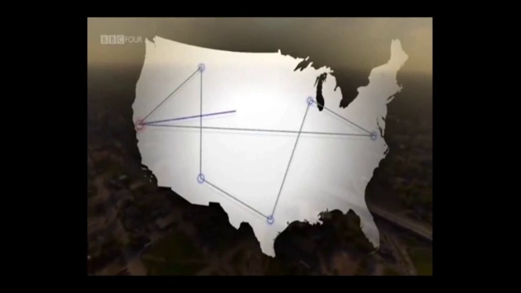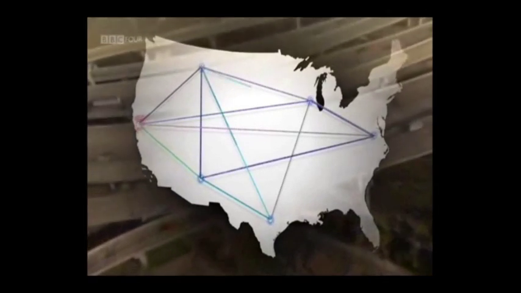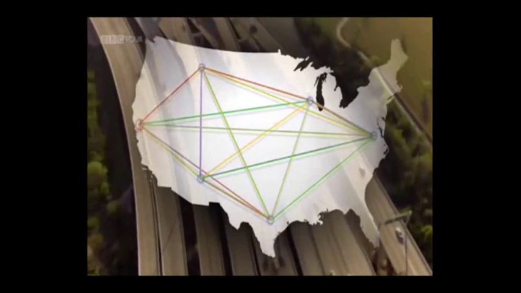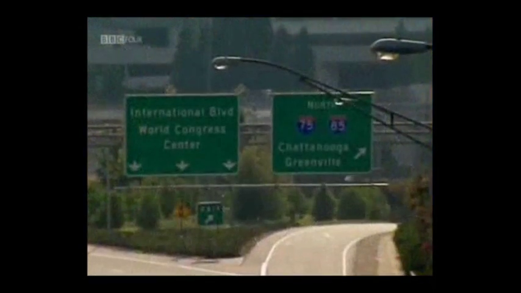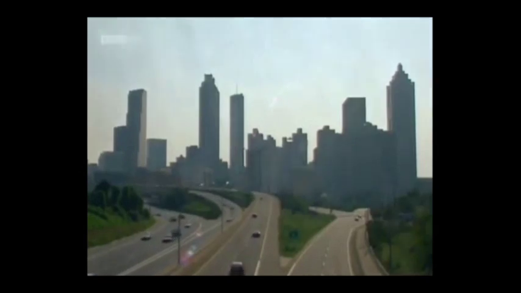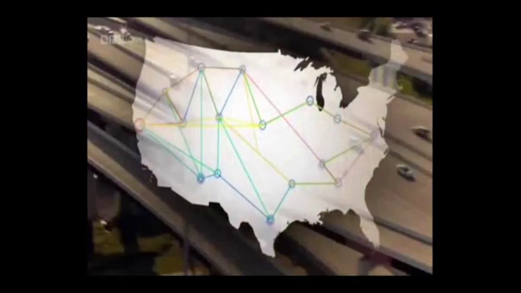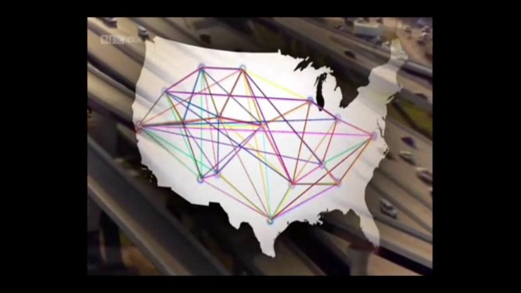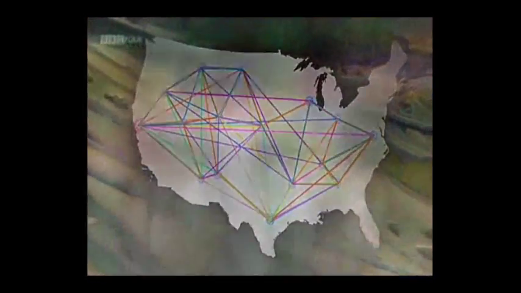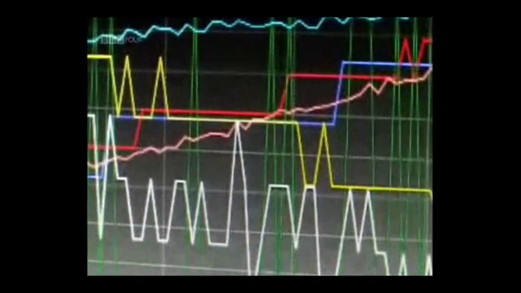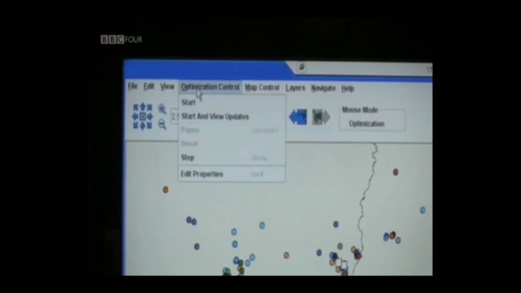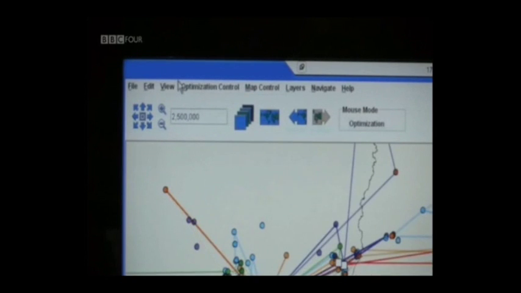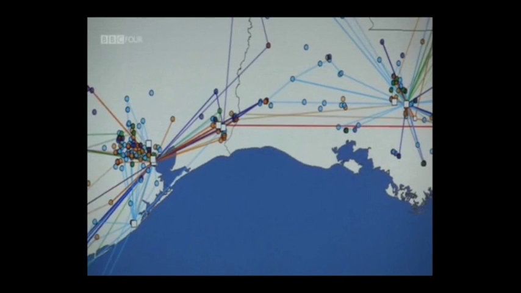With 5 cities, there are only 12 possible delivery routes. But as more destinations are added, the number of potential routes skyrockets. A trip with just 15 cities has over 40 billion possible routes. Air Liquide faces a travelling salesman problem that has trillions of possible solutions. So for help, they turn to the ants.